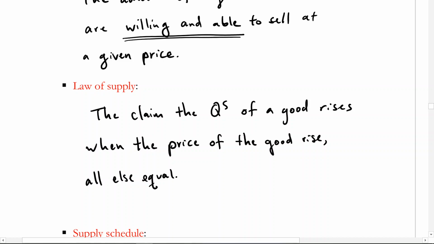Okay, so the demand curve was downward sloping. What this is saying is that the supply curve is going to be upward sloping. Right, and it also makes sense.